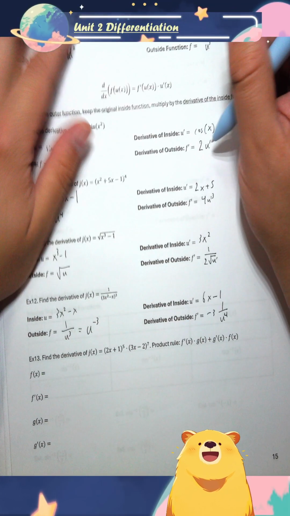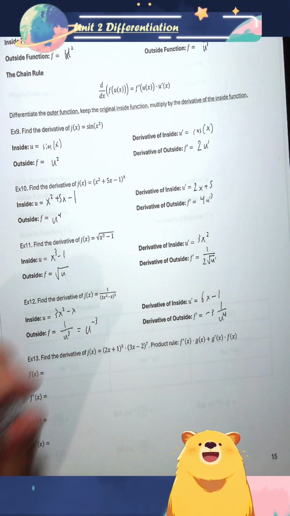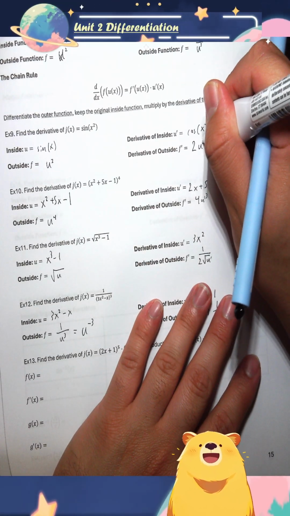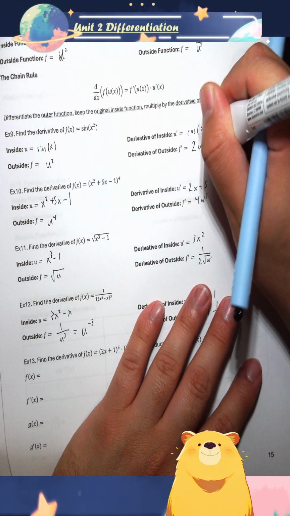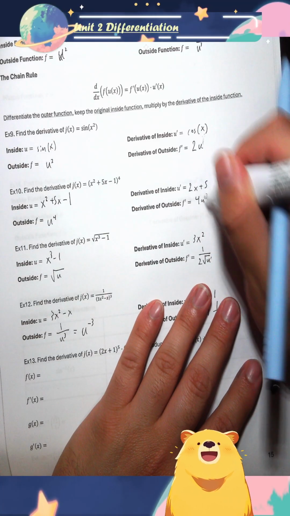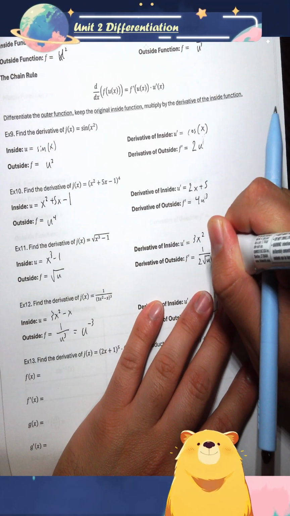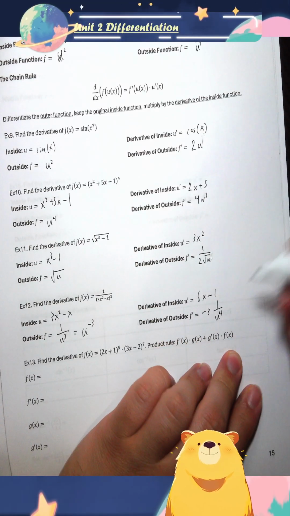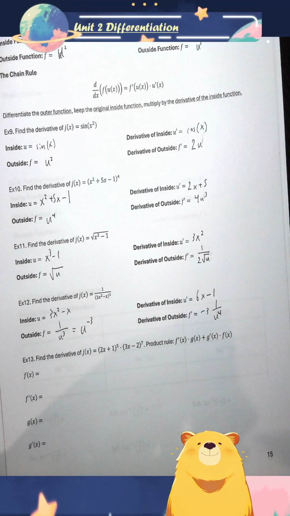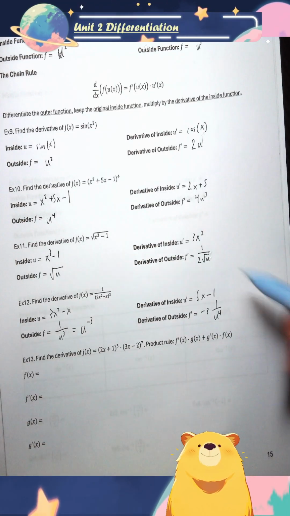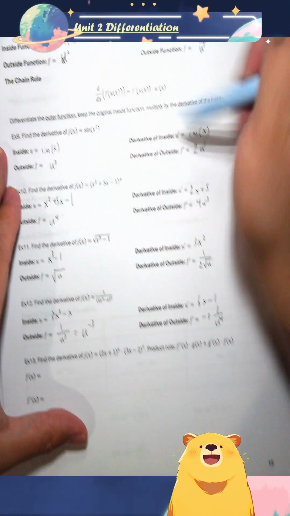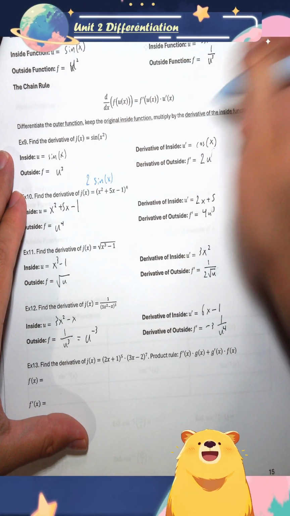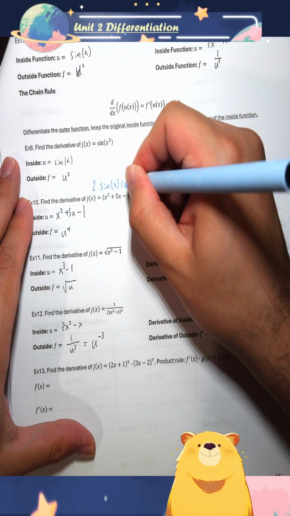I think I was getting too lost in the sauce. The u prime becomes related when you're doing implicit differentiation, but right now we're just doing this sort of strategy, so ignore the prime for now. I didn't write that. Okay, good. All right, so for here, derivative of the outside 2u, so 2 times sine of x, and times the derivative of the inside, so times cosine of x.